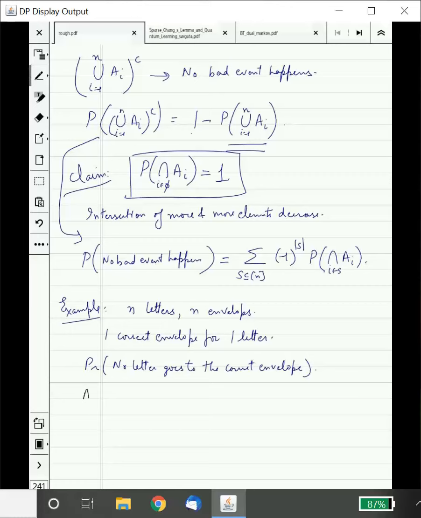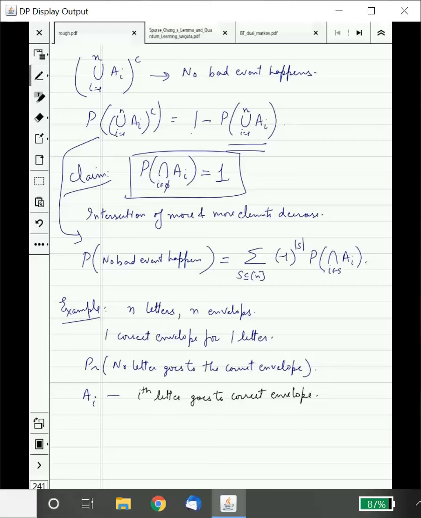So the first thing is to define our bad events. Our bad events are the ones when the letter goes to the correct envelope. So that means A_i should be the event that the ith letter goes to the correct envelope.